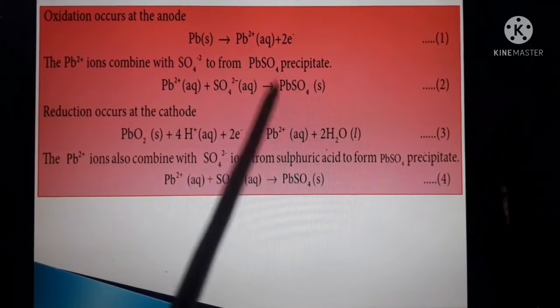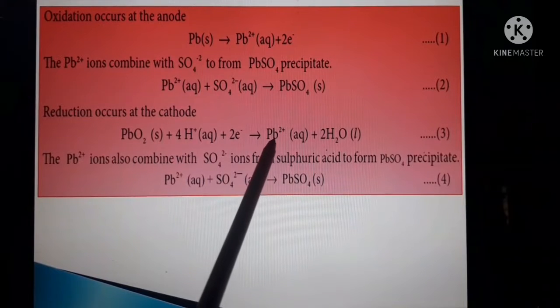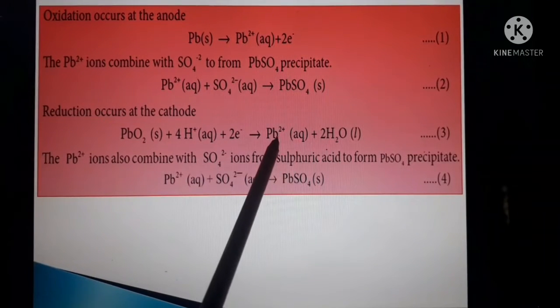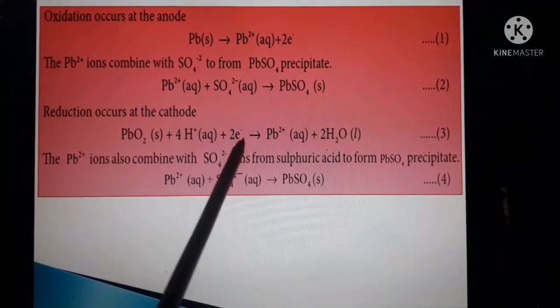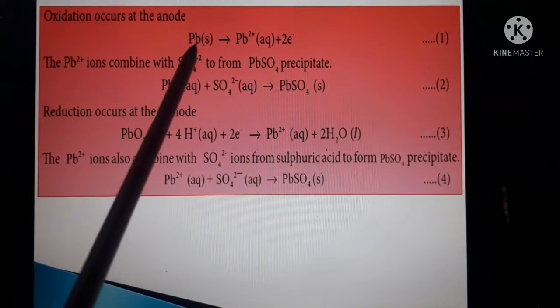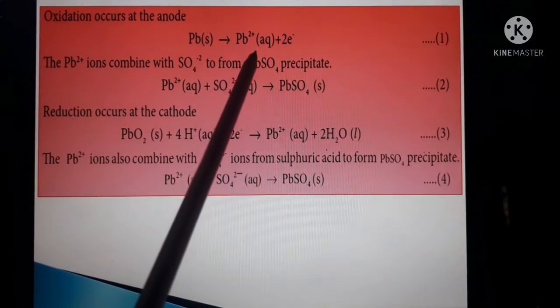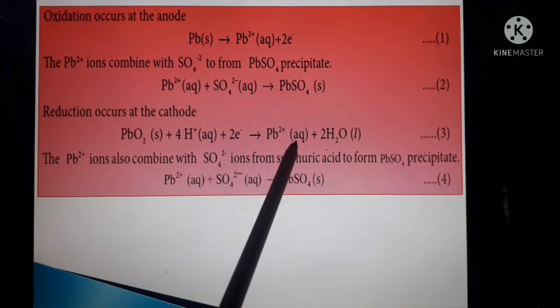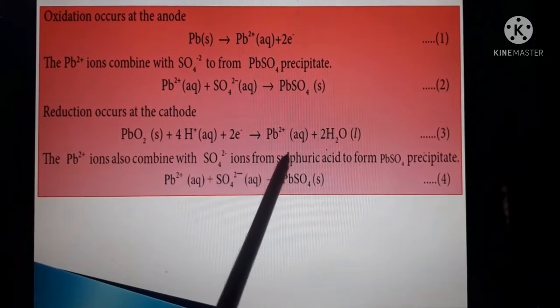The common ion at the two electrodes is lead 2 plus ion. Lead is converted to lead 2 plus ion, and lead oxide is converted to lead 2 plus ion. Okay, this is the principle.